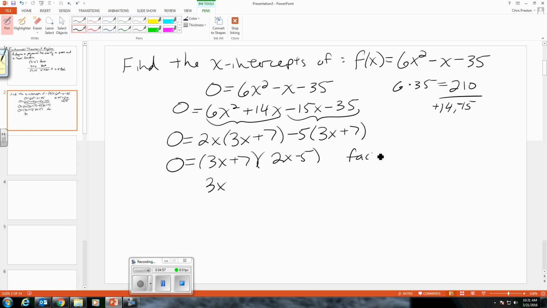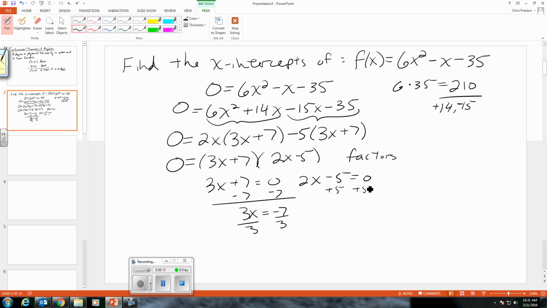So these are the factors again. 3x plus 7 equals 0. 2x minus 5 equals 0. Subtract 7: 3x equals negative 7. Divide by 3. Add 5: 2x equals 5. Divide by 2.